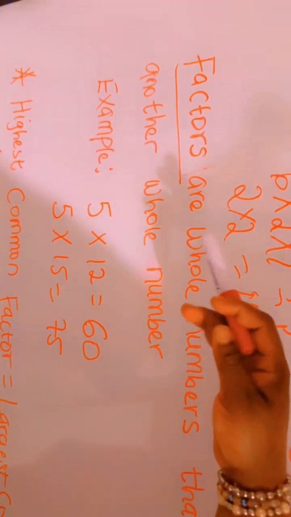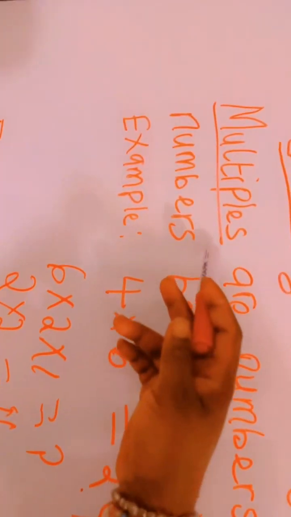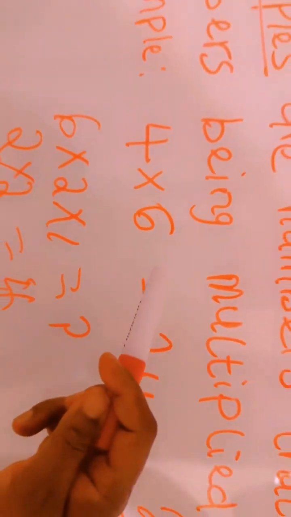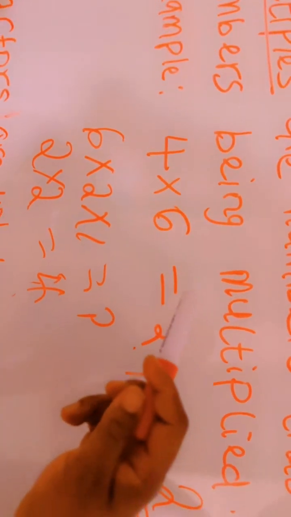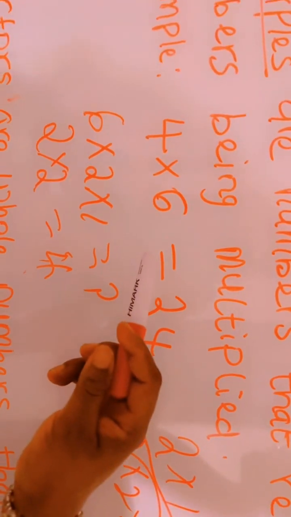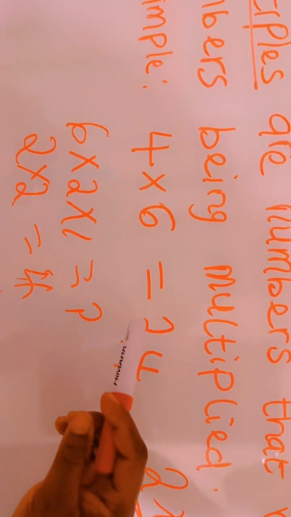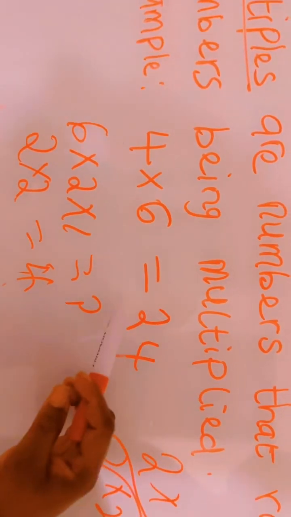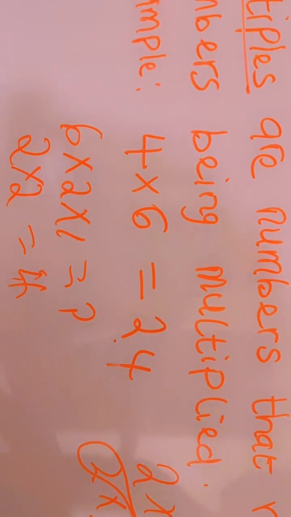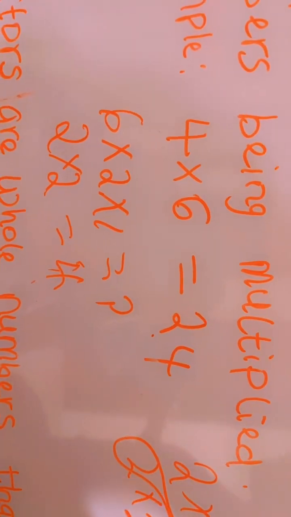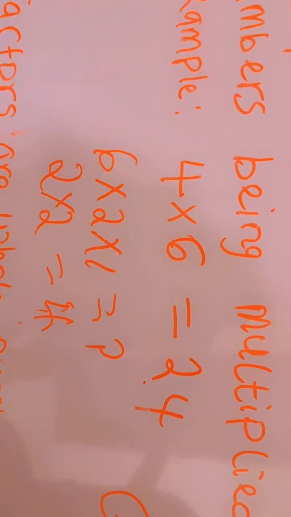Factors are directly the opposite of multiples. In multiples, wherever you see any question saying find the multiples of this, know that they're asking you for the answer, or rather the result, the outcome of any multiplication.